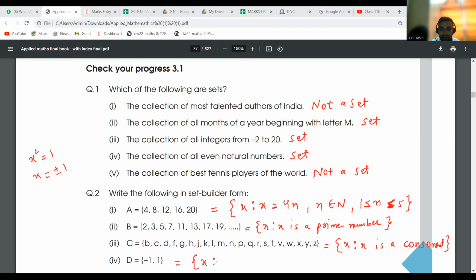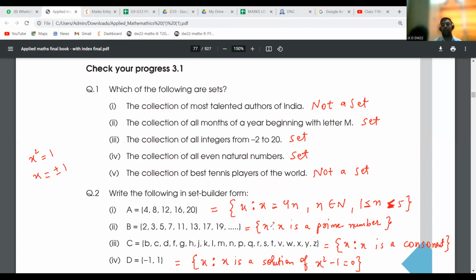So this will be x such that x is a solution of the equation x square minus 1 equal to 0. So this will be your answer, right?